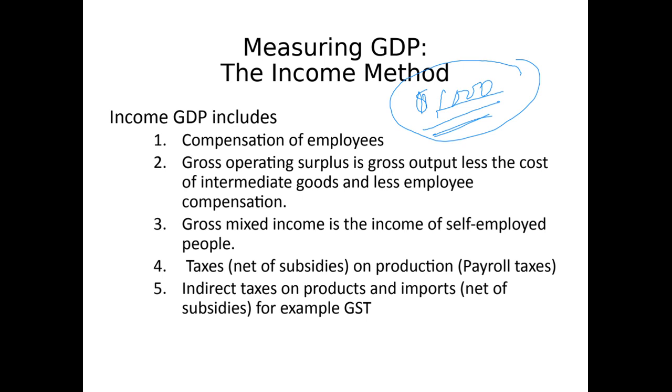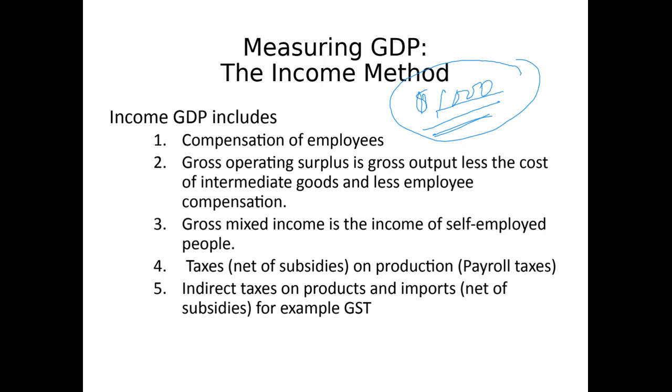So if you're running an incorporated business, that business will earn, after paying the cost of raw materials and all wages and salaries, whatever is left, which is the gross operating surplus of that business. That is the second type of income.